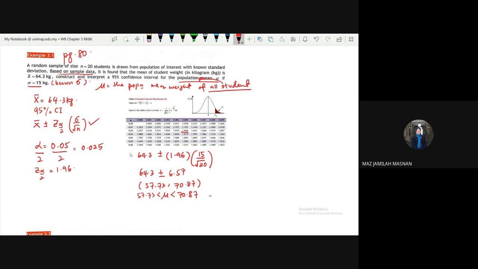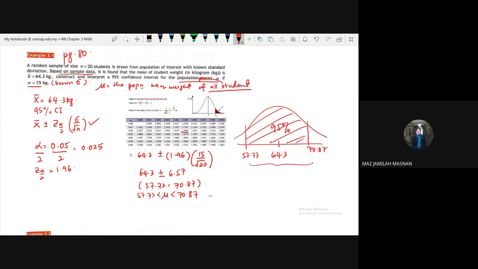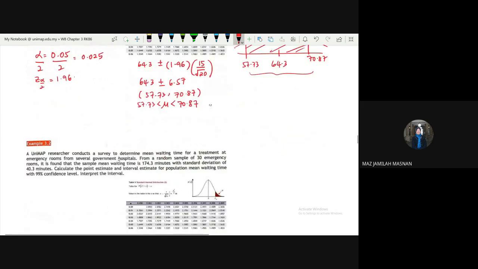If you draw it, the estimation is 64.3, and here is 57.73, here is 70.87. This is what we call 95%. This is how your interval looks like. So that will be example 3.1.